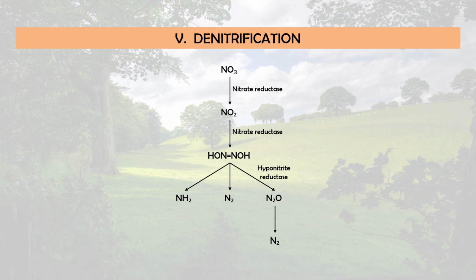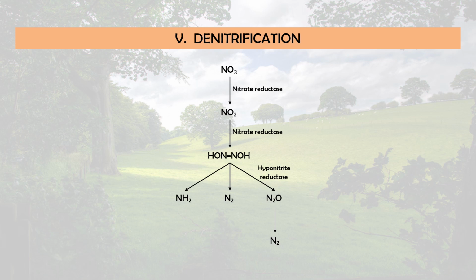Then NO2 is reduced to hyponitrite, and then we get three products by the reduction of hyponitrite through the enzyme hyponitrite reductase into NH2, N2, and N2O. And N2O eventually breaks down into molecular nitrogen N2.